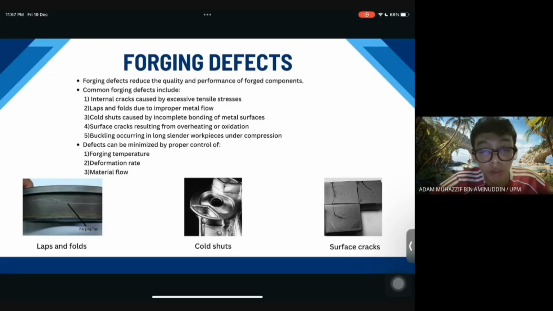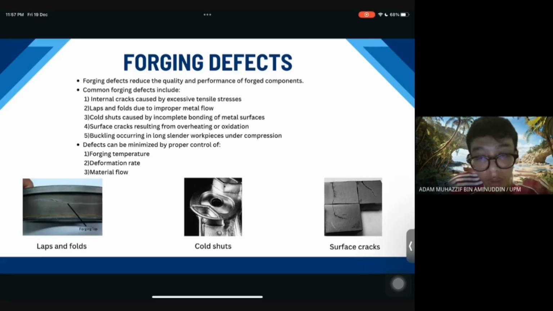And lastly, I'm going to talk about forging defects. Forging defects reduce the quality and performance of the forged component. Common defects include laps and folds due to improper metal flow, internal cracks caused by excessive tensile stress, cold shut caused by incomplete bonding of the metal surface, and surface cracks resulting from overheating or oxidation.